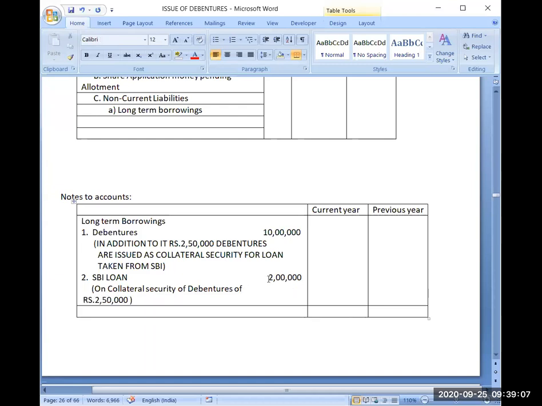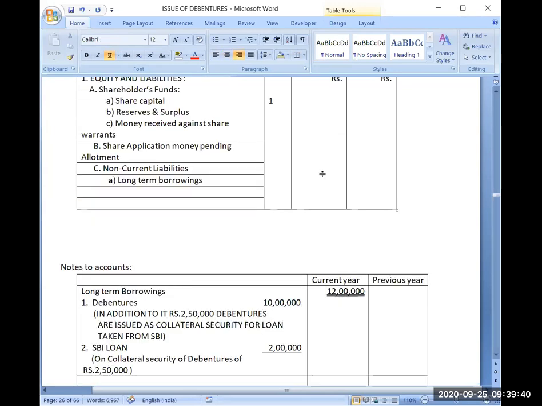And here I will total this. The total will be 12 lakh, and that total will come here.